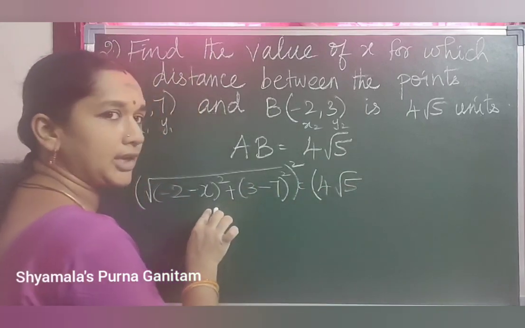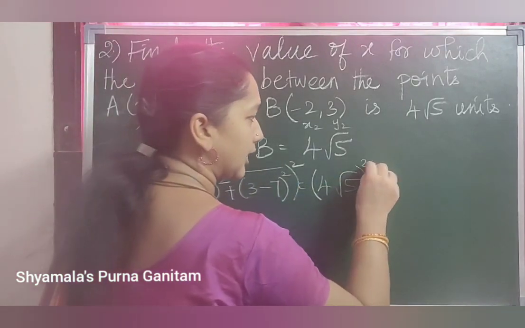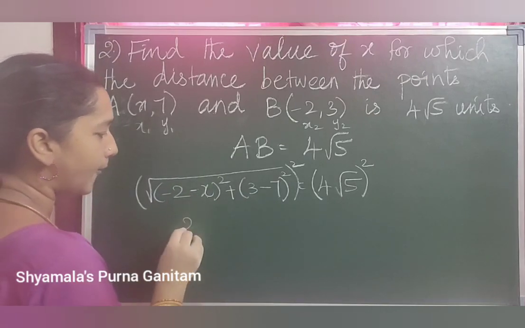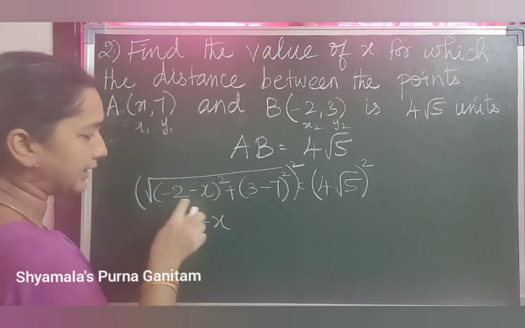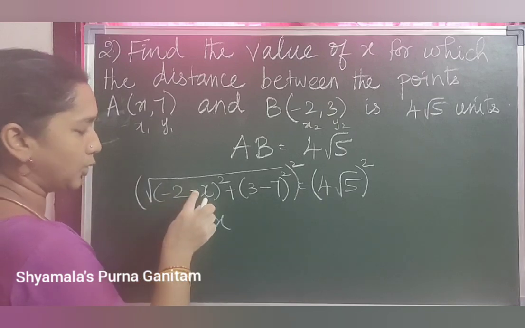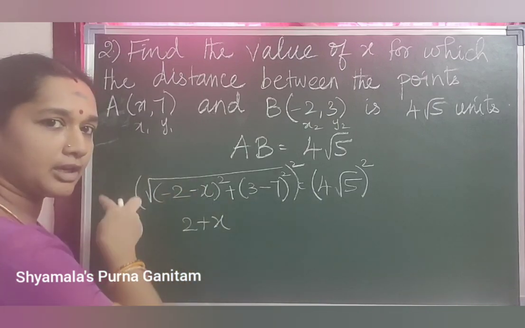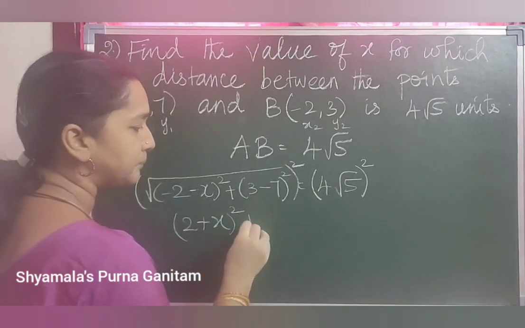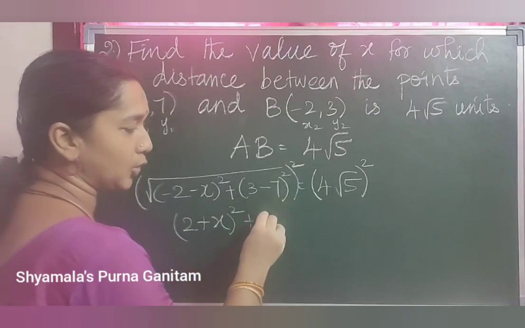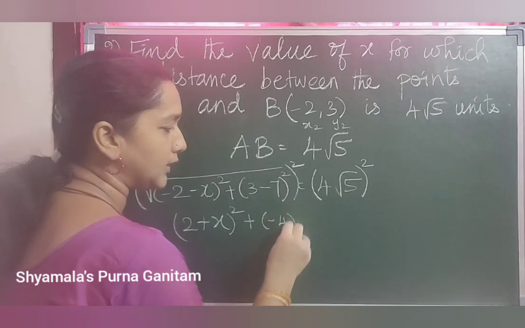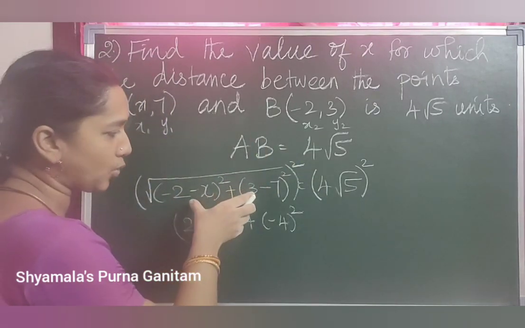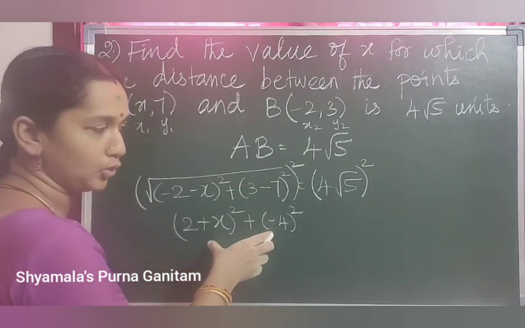Since both signs are negative, when you bring it out you will get a plus sign: (2 plus x) the whole squared plus (3 minus 7, that is minus 4) the whole squared.